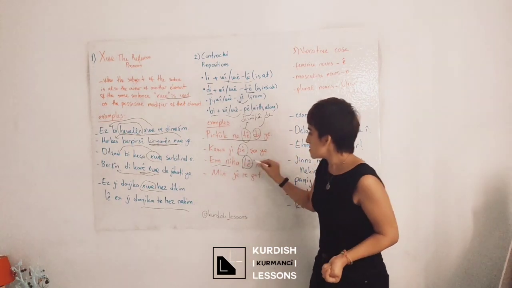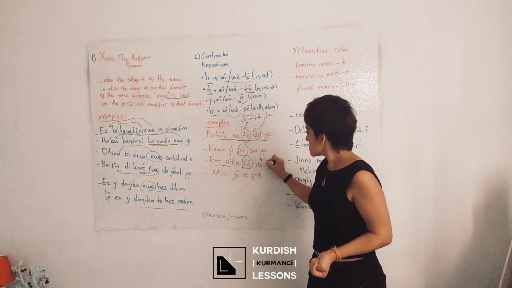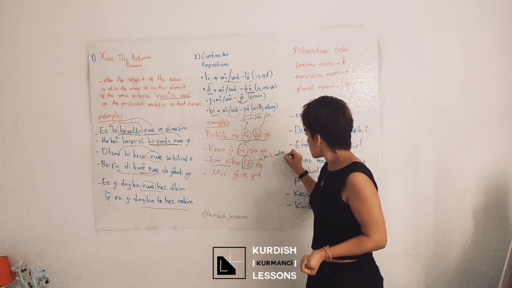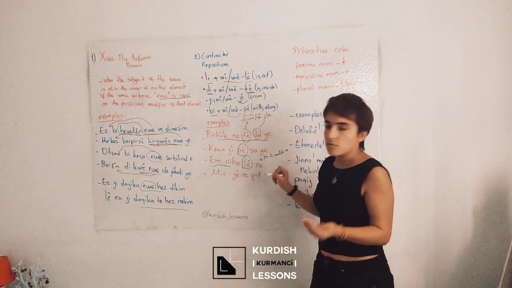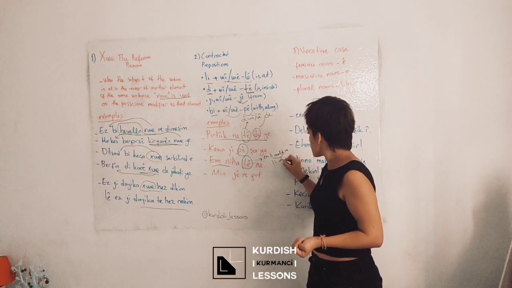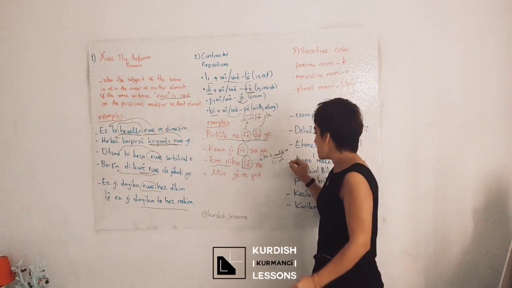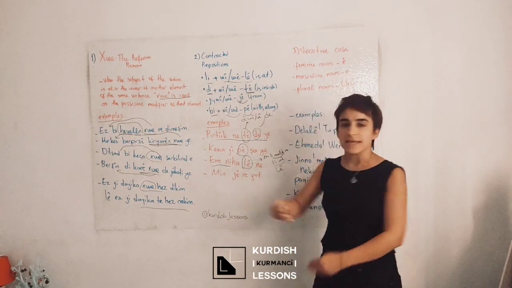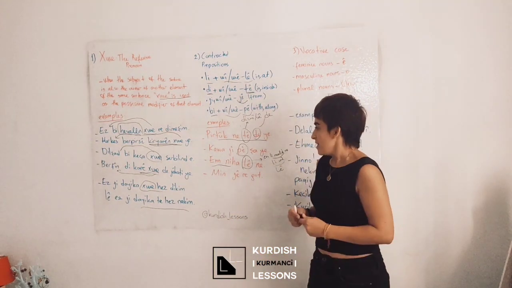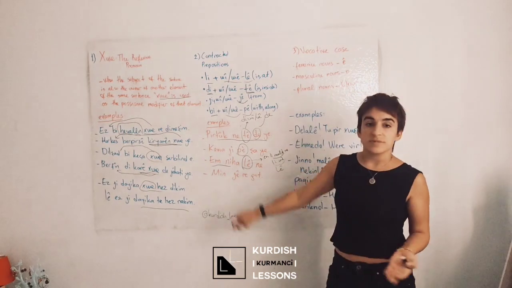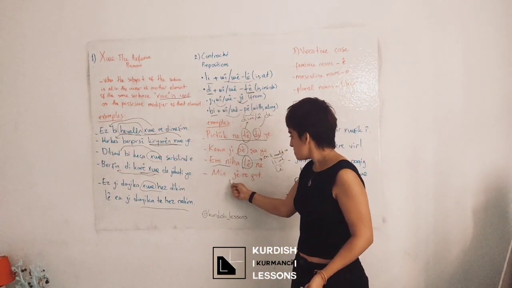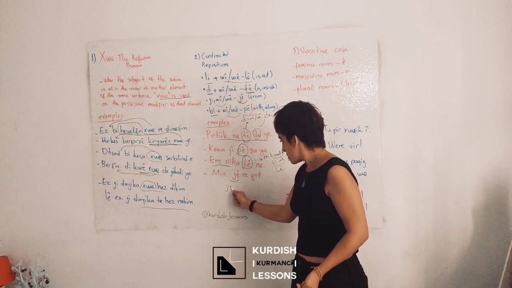Normally you can say "Em li malê ne", we are at home, right? "Em li malê ne." Or you don't want to say "malê", you can say "li wê ne". And if you don't want to say "li wê", you can just use "lê", "lê ne". It's easy, it's shorter. And the last one is "Min jê re got." "Jê" is from "ji wê", "ji wî", from her, literally.